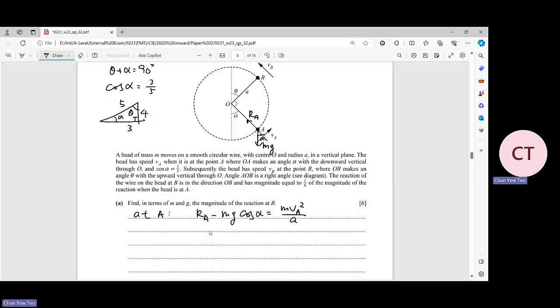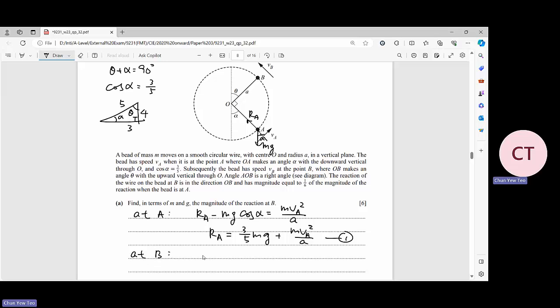Since cos alpha is 3/5, this is 3/5 mg plus MVA square over A. That will be my first equation.